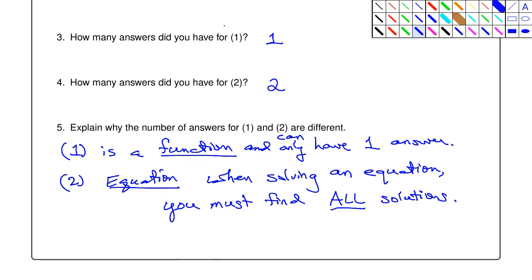And that's the difference. If you are working with a function, you can only have one answer. If you are solving an equation, you find all possible solutions that match that equation.